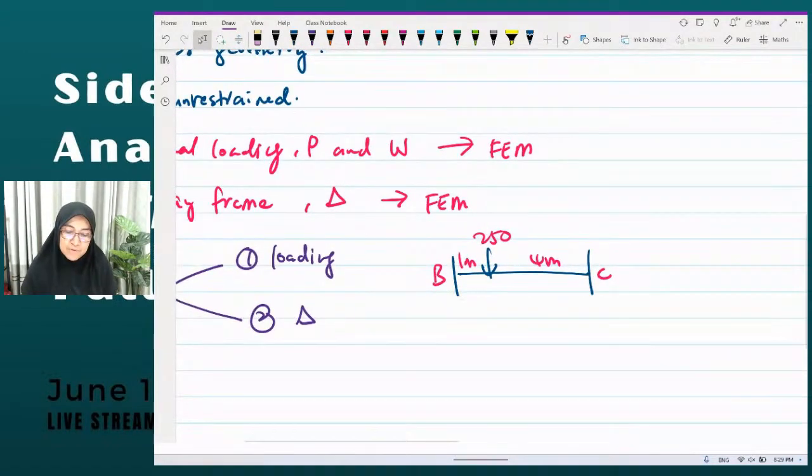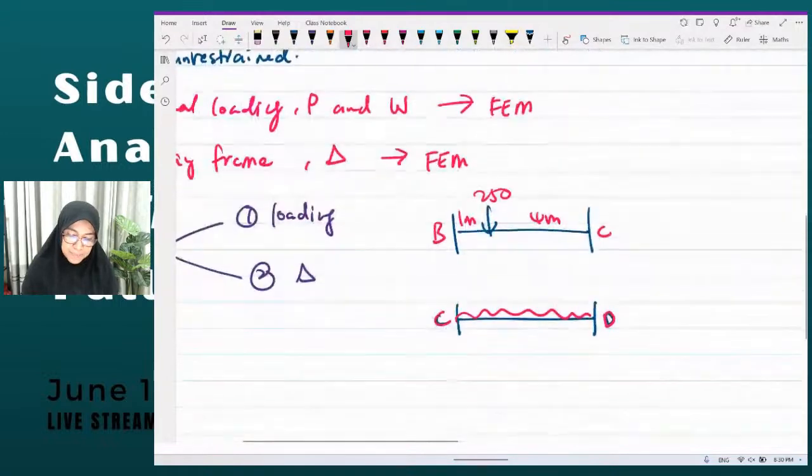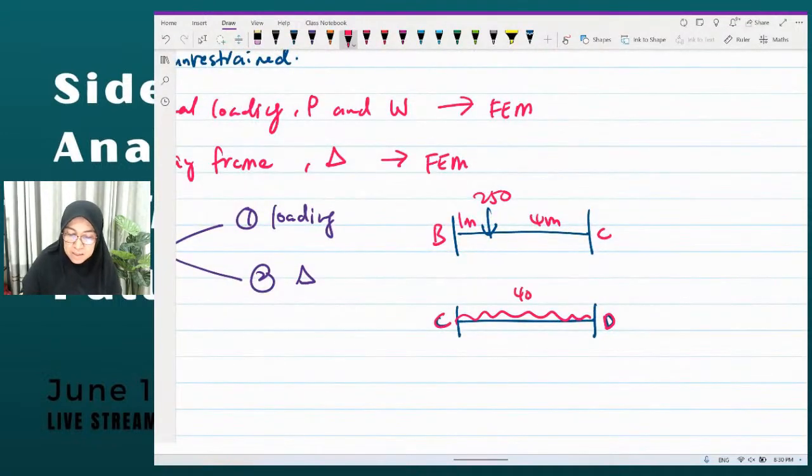And we have another one, C and D, UDL, 40 kilonewton per meter along 5 meter length.